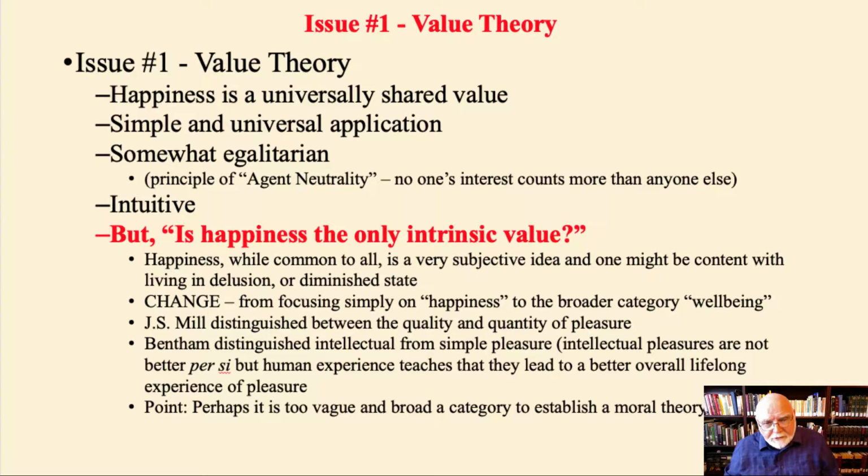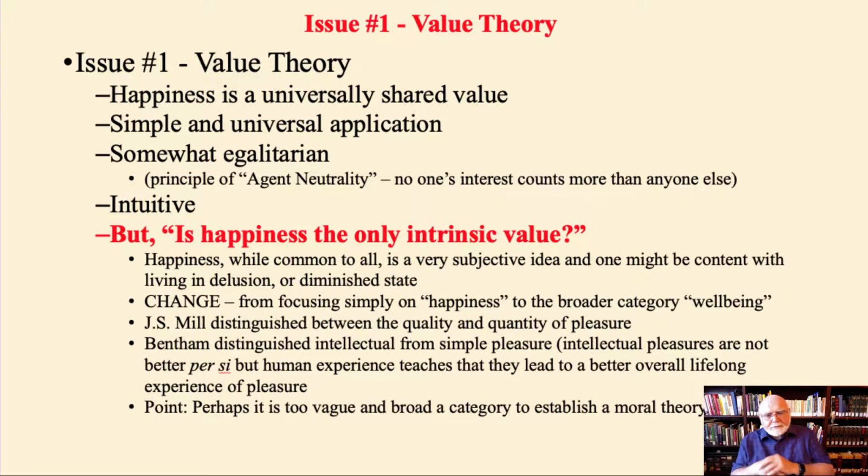John Stuart Mill suggested we distinguish between the quality of happiness or pleasure and the quantity of happiness. And it's very important to consider both aspects to know when something is happy. Bentham, of course, as we mentioned earlier, distinguished between intellectual and simple pleasures. But here's the point.